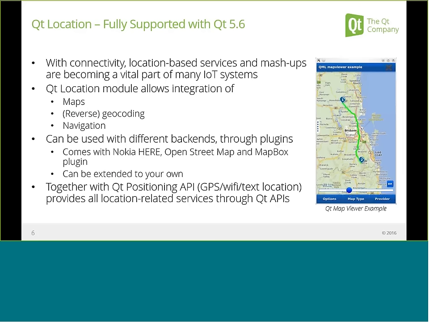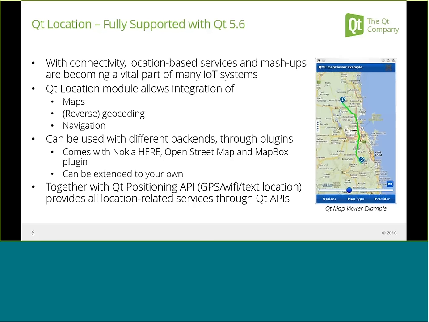Now they're separated into the Qt Positioning API that gives you the positioning information over GPS, Wi-Fi, or textual formats. And now Qt Location is the API for maps, navigation, geocoding, and points of interest.